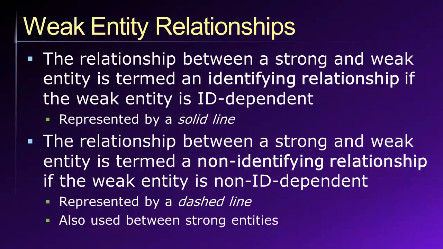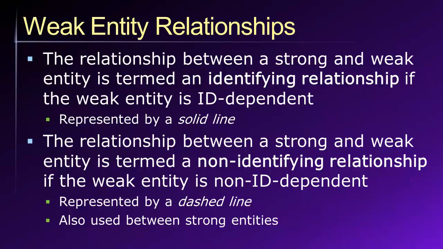If, by contrast, the identifier of a weak entity is not partially composed of the identifier of a strong entity, then we call that a non-identifying relationship, and we can say that the weak entity is non-ID dependent.